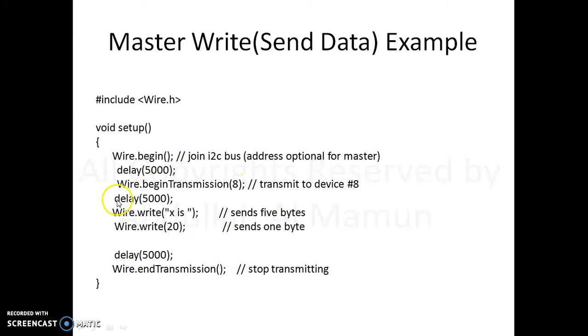Then we use some delay, and after that we use Wire.write, in which we send a string "x is", and in the second Wire.write we write 20. That means we are sending the data "x is 20" to the slave.